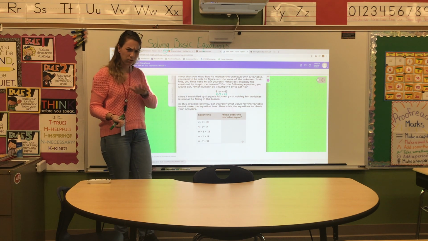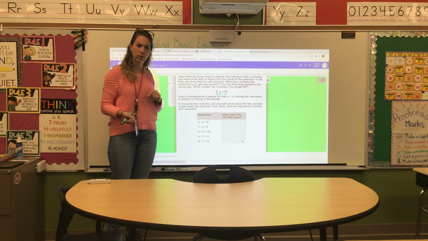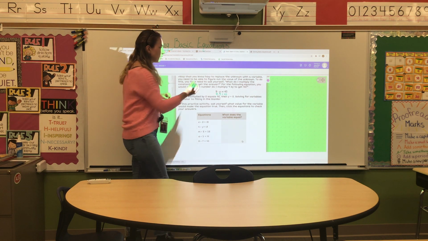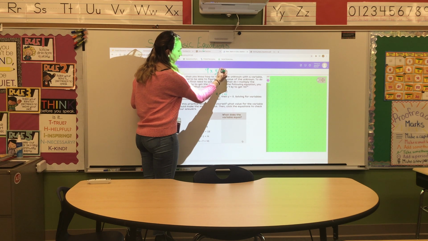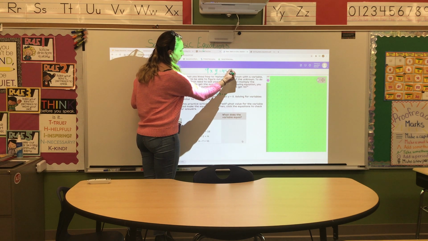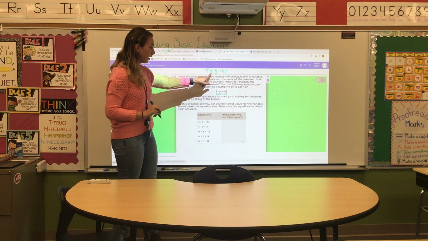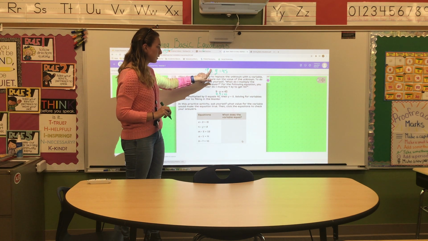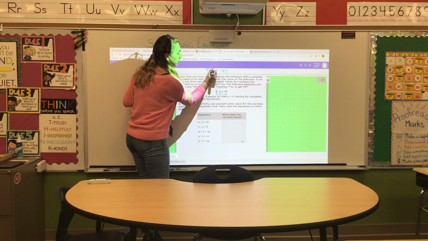Also, do you notice something weird about this? They're not using an x anymore for multiplication. They didn't say 9 times the y equals 45. Why do you think they didn't do that? Yeah, it looks like these are two variables. So instead of writing the letter x for multiplying, they used a dot.